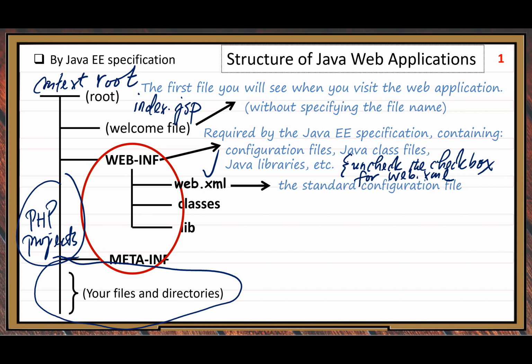Let me just say, they try to make Java developers' life easier. They try to simplify many little things to make Java developers' life easier. This is one part of it, web.xml.